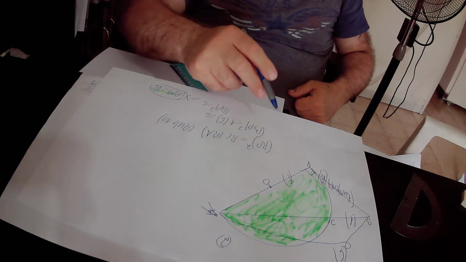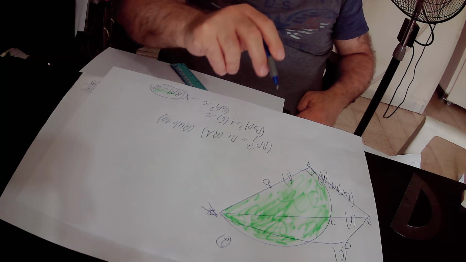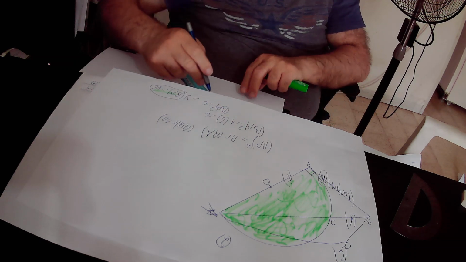So I copy the right triangle APB in a new page, and we will implement the Pythagoras theorem on this right triangle APB in order to find out the missing side AP.